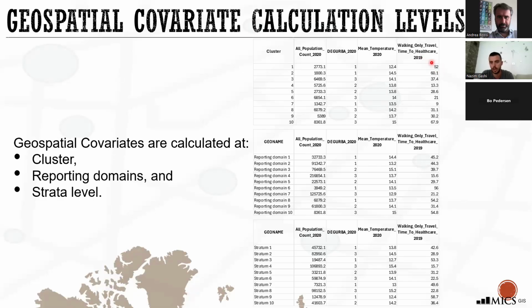And we are calculating this in minutes. So for each cluster, you have the estimation for each indicator. And then the same goes for the reporting domains and the MICS stratification. Sometimes reporting domains and strata in MICS mean the same thing, but not always. So that's why we are showing this as reporting domains and as strata level.